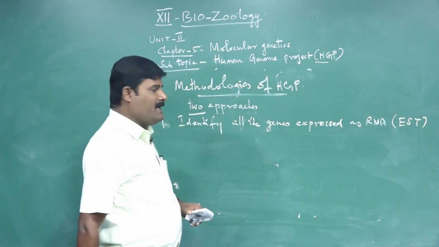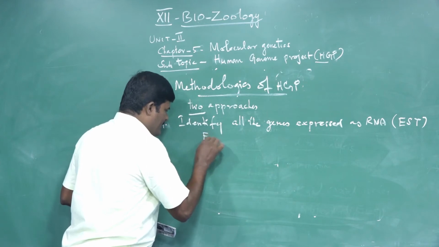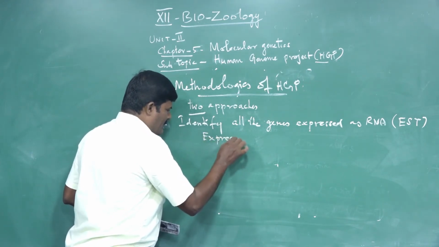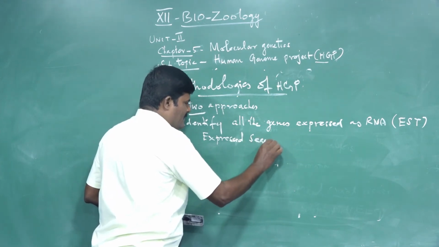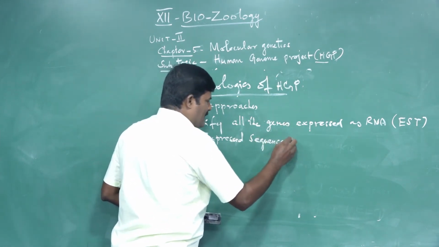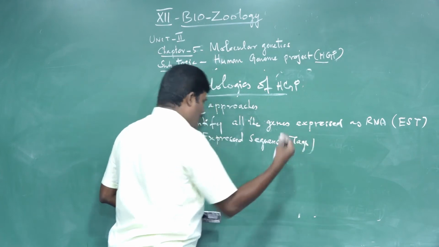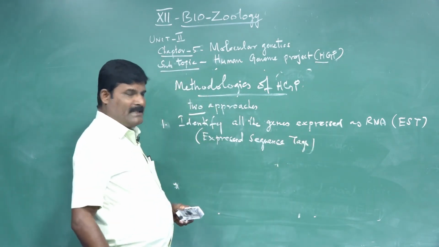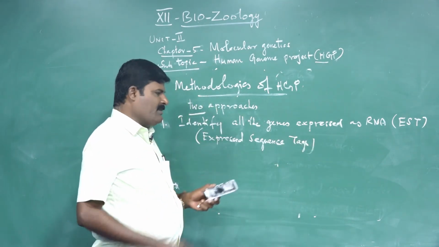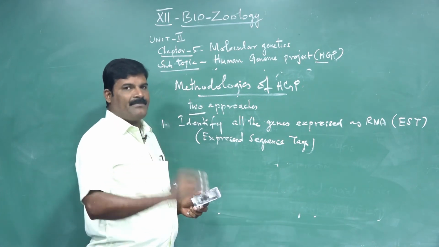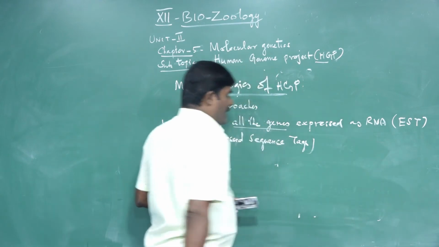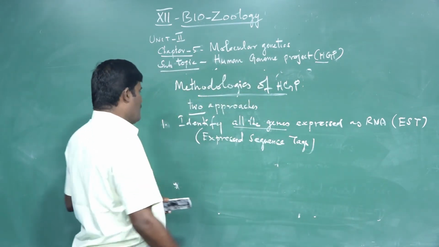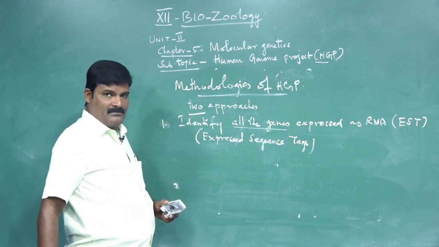What is EST? Expressed sequence tags. Expressed means the genes are expressed, sequence means order, tags means files. So to identify all the genes expressed as RNA is called the first approach.